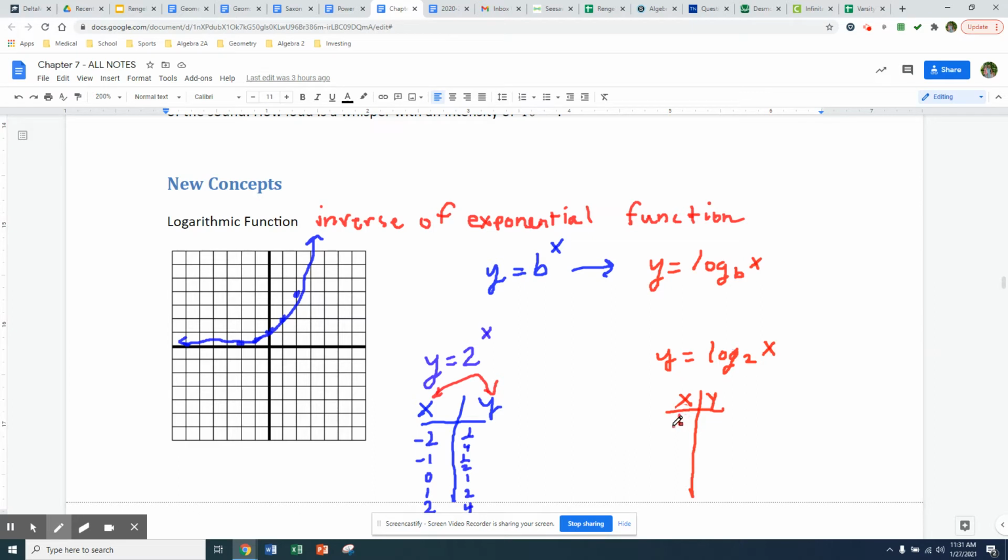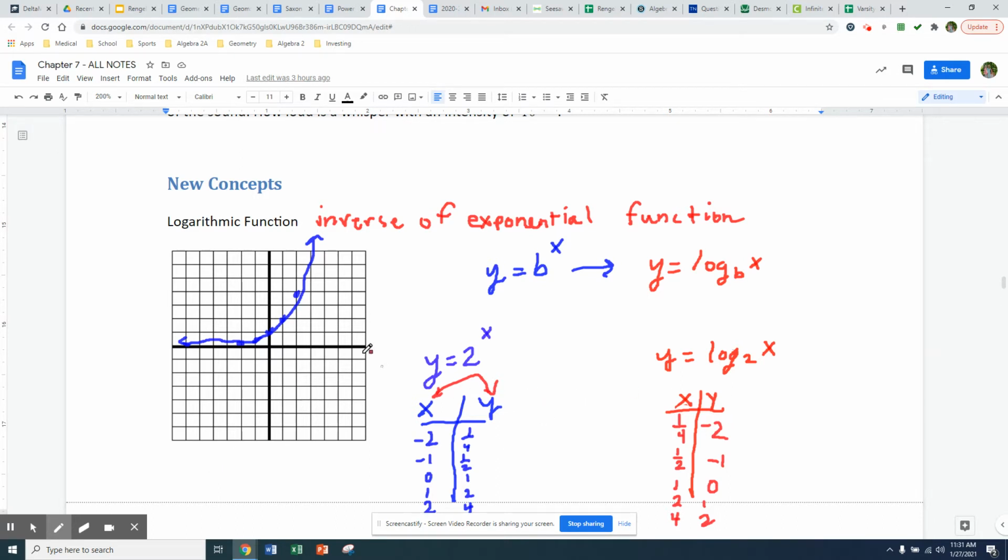So all the y coordinates of the exponential form become the x coordinates of the log form, and all the x coordinates become the y coordinates. So a log is simply the inverse of the exponential with the same base, and we can find the exponential inputs and outputs, and then the log will just be those x and y's inverted.